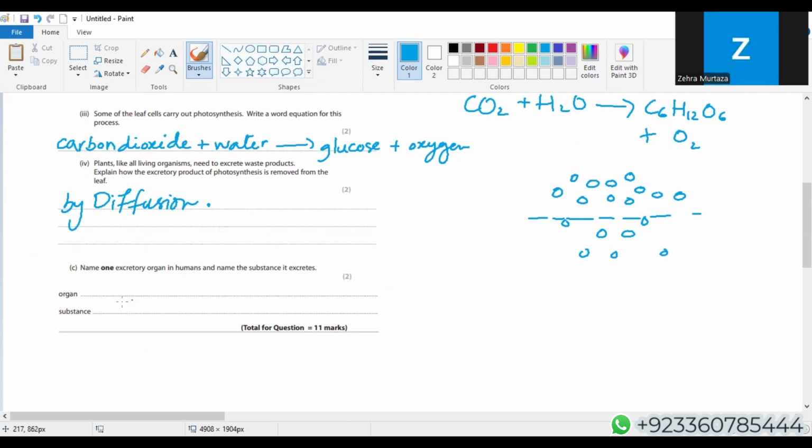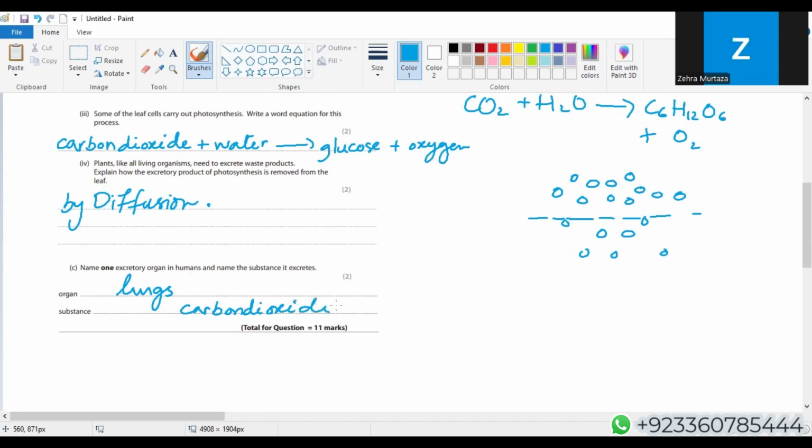It's a 2-mark question, 1 mark for writing the organ and 1 mark for writing the substance. So here, organ, we can write lungs. Lungs are the organ, and what are lungs excreting? They are excreting carbon dioxide. So we can write carbon dioxide.